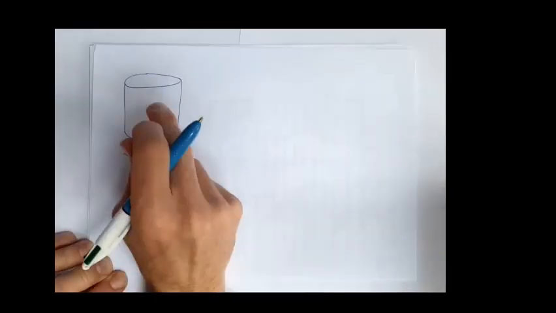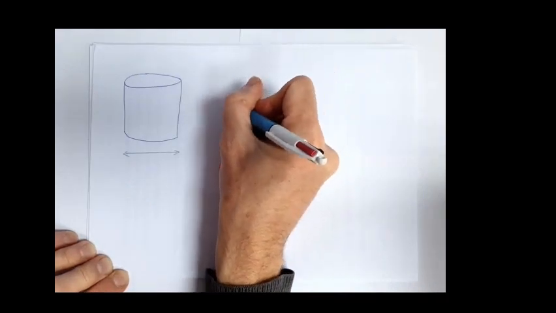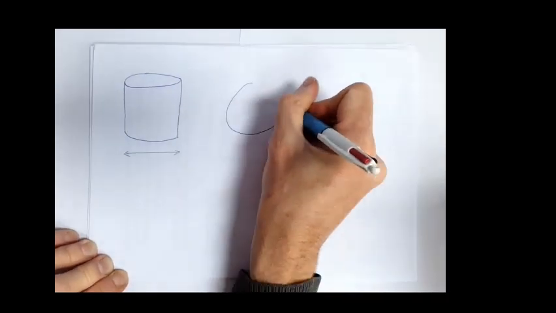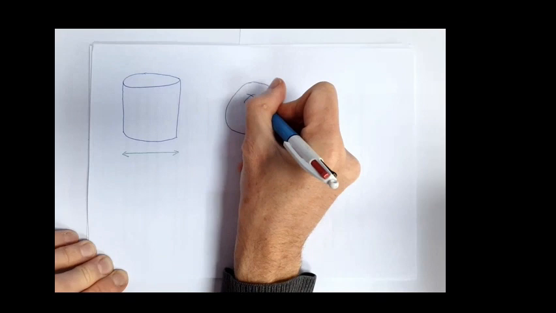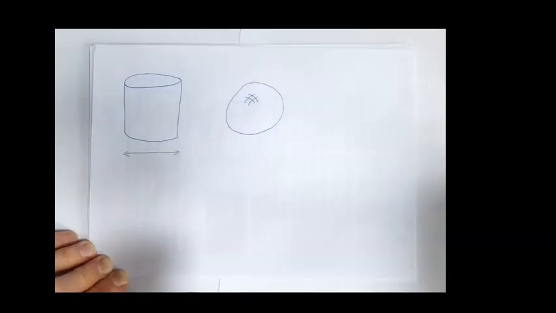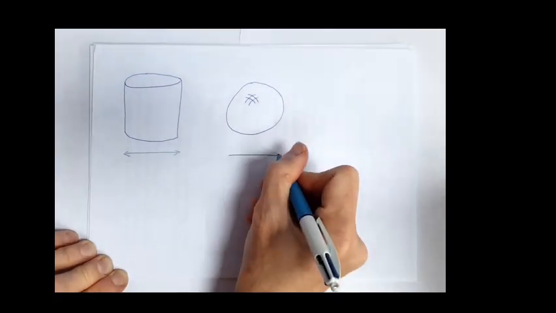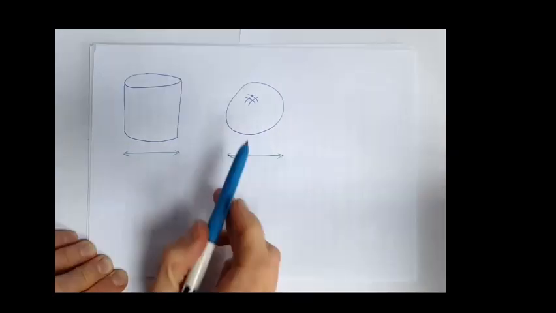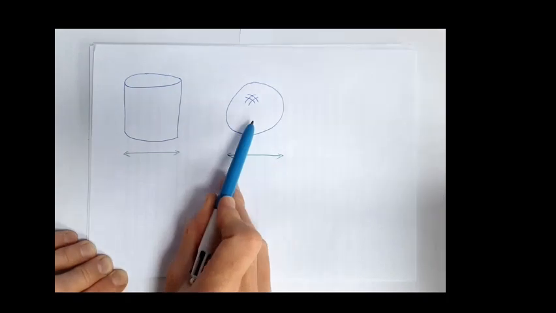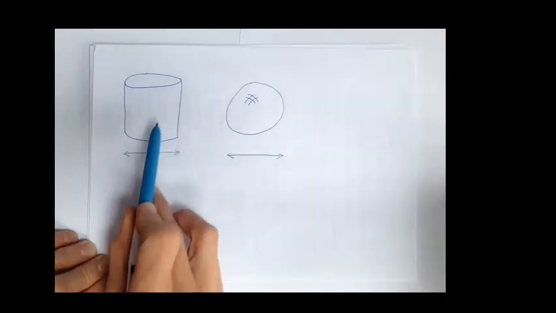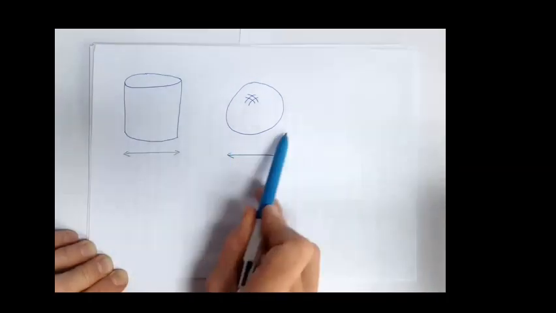If, however, we're storing fluid at a higher pressure, so we've opted for a sphere of the same diameter, because we've just worked out that if we have a sphere, we're going to reduce the stresses in the structure. But in terms of volume to footprint, if this is the same footprint, clearly we can store less fluid. The volume of this is clearly going to be much greater than the volume of this. So in terms of volume to footprint ratio, this is much more economical compared to this.